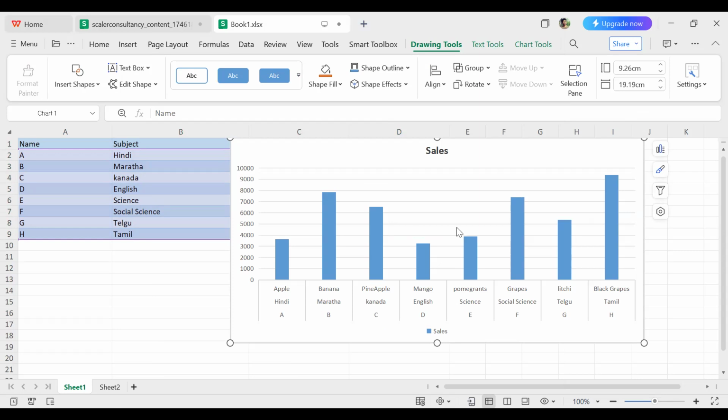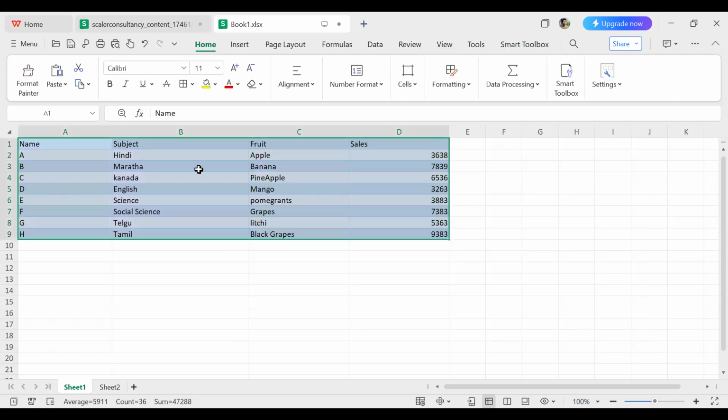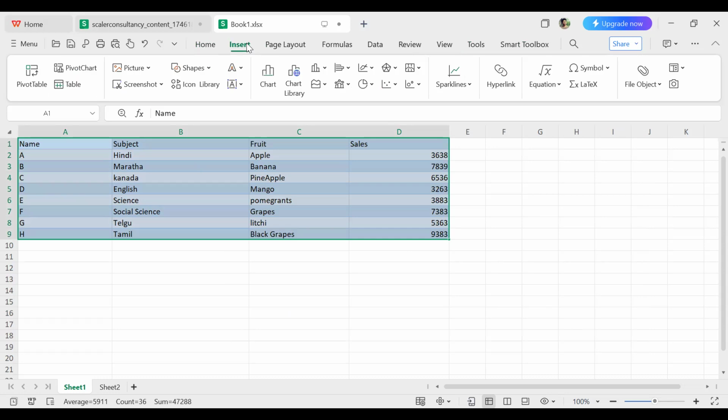Right now the row is fine, okay, but the column has three, so I have to maintain just the subject and sales part. So what I will do: first, I will delete this chart and go to the pivot table.